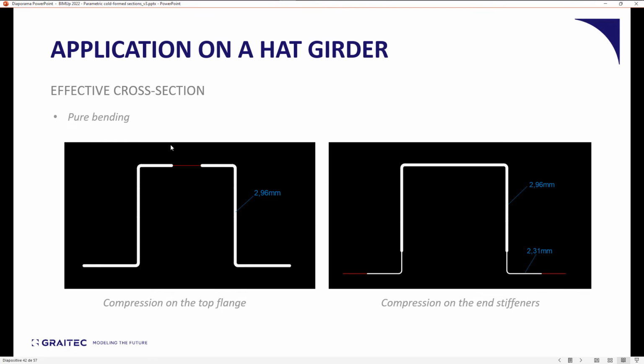See, in pure bending, you have to consider two outcomes. You've got pure bending with compression on the top flange, and you've got pure bending with compression on the bottom of the section. At the top flange, you've got the ineffective part there, but the rest is untouched. Whereas for compression at the bottom, you've got the ineffective part there and the reduced thickness.